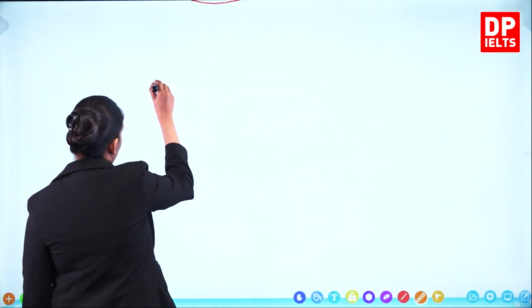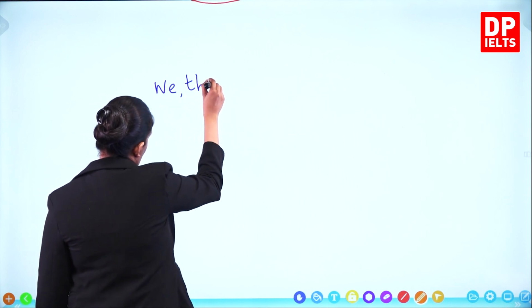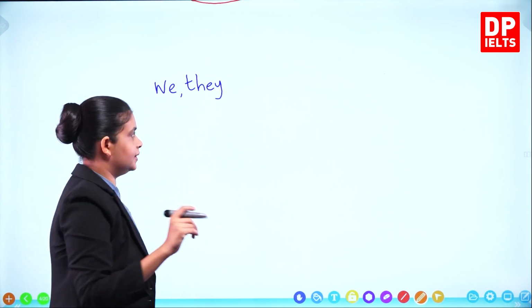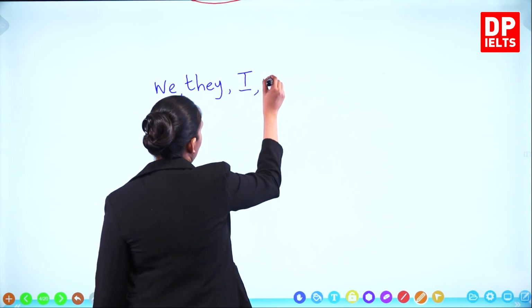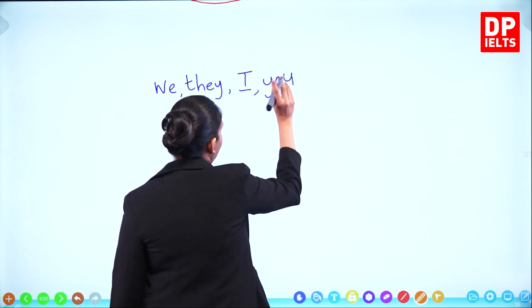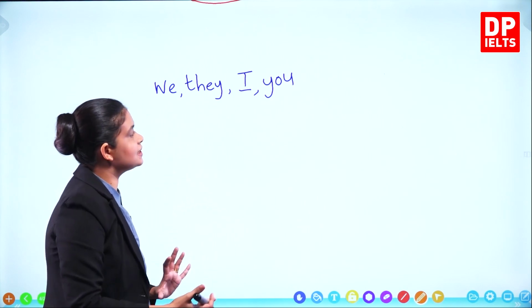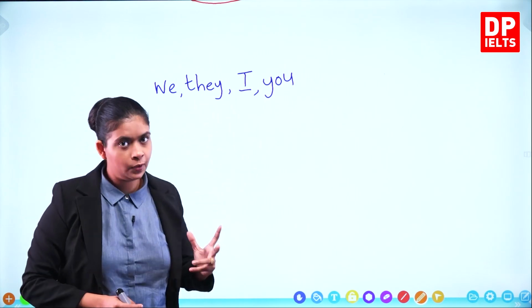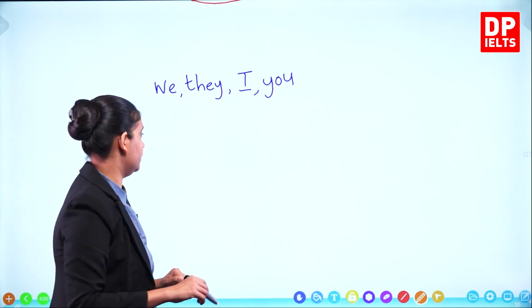We, they. There are two different things. I, mama, saha you. ඒ දෙක ඒක වචන වුණාට it acts like a plural. So we and they are anyway plural. I and you act like plurals, right?